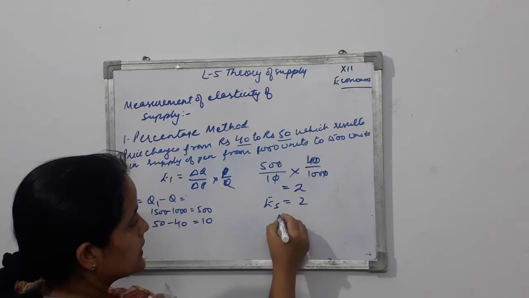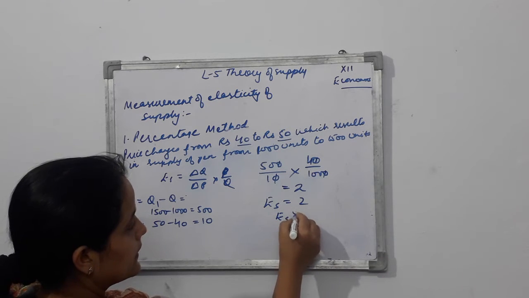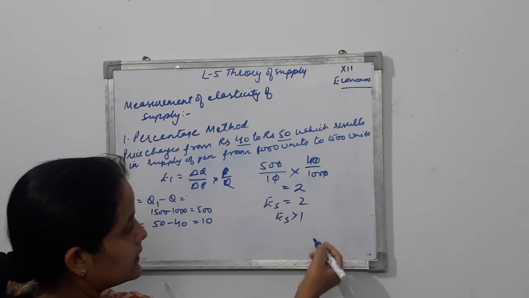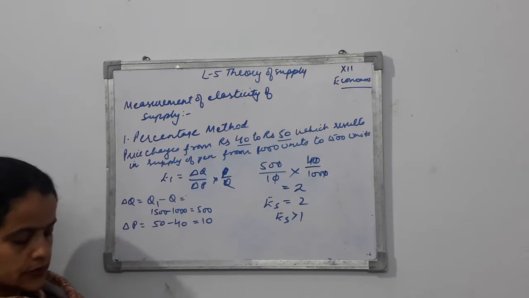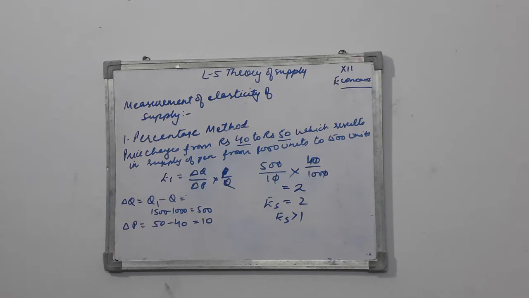That means the supply is elastic, greater than 1. So this is how it is going to happen. It's very simple. You can check once again: price changes from rupees 40 to rupees 50. Earlier your price was rupees 40, it became rupees 50. So we know that at higher prices the supply is more.